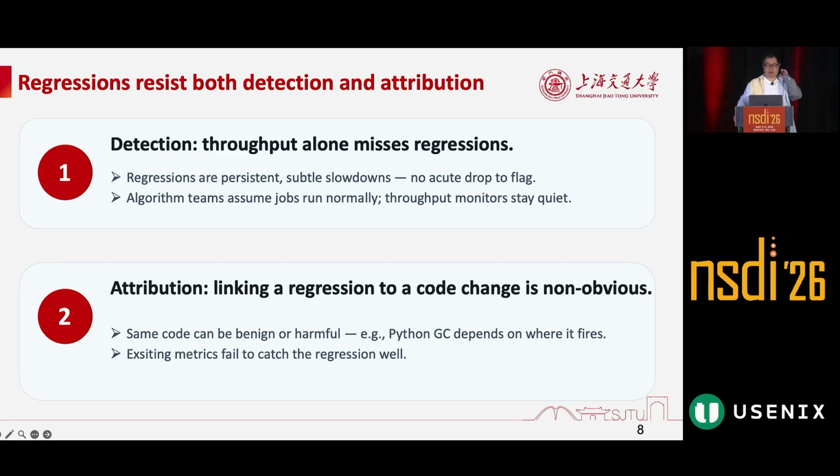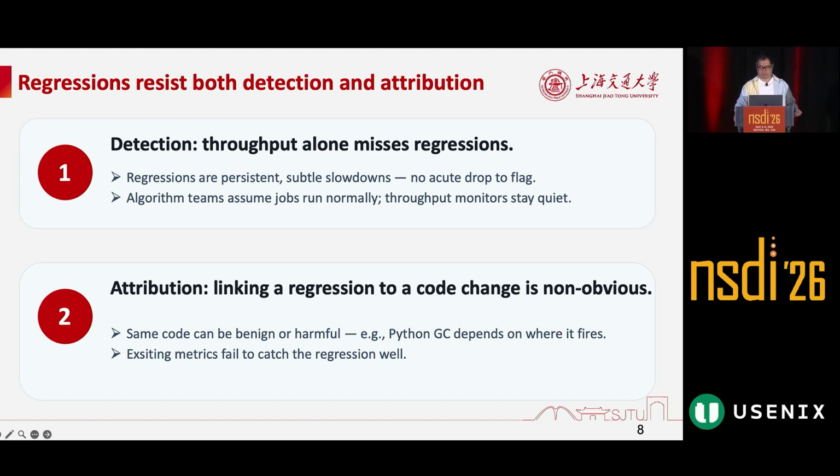Okay, let's talk about the second challenge. For any error, you need to detect it at first, then try to narrow down the root cause. Unfortunately, both parts are non-trivial for regression. Regressions are persistent, subtle slowdowns and are hard to trigger any immediate warning. Algorithm teams just assume their jobs run well and are not aware of any problems. At the same time, ops teams don't see any red flag.